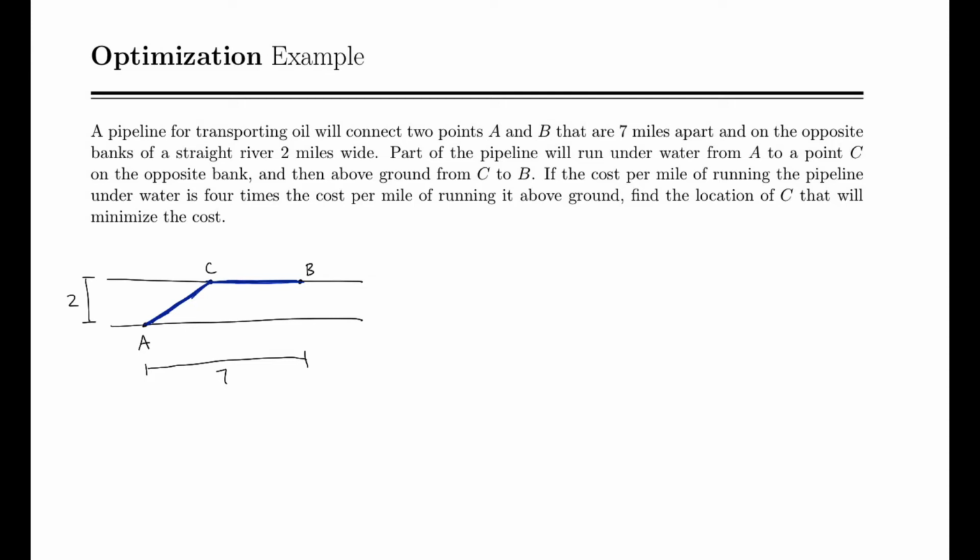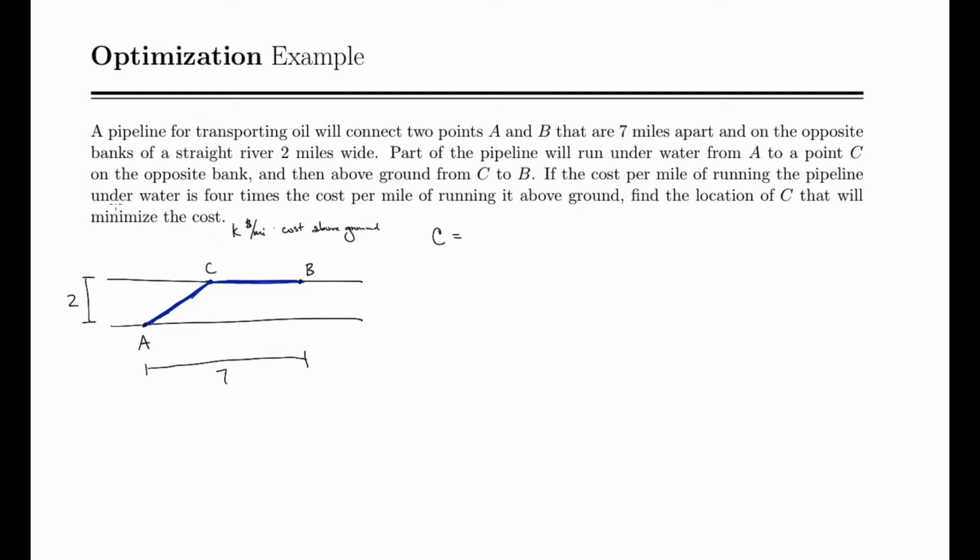So we need to find a cost function so that we can minimize the cost. Well, let's say that the cost of running across the ground, or above ground I should say, is just K dollars per mile.